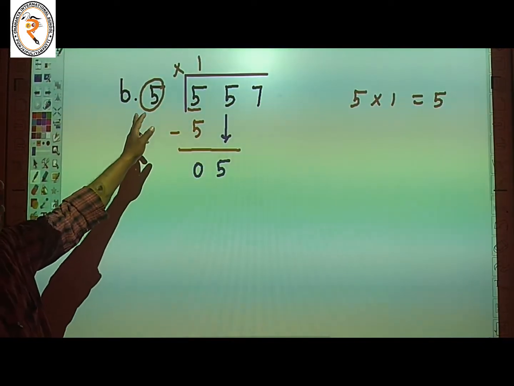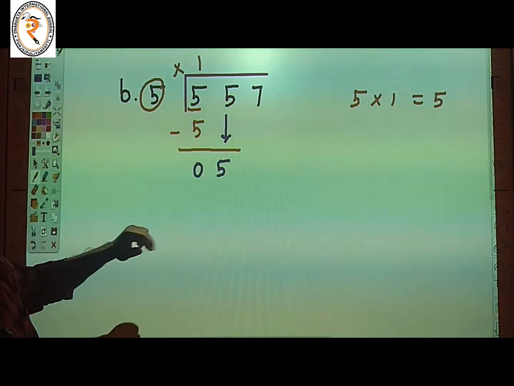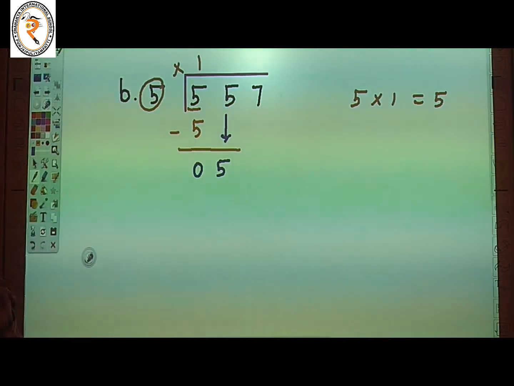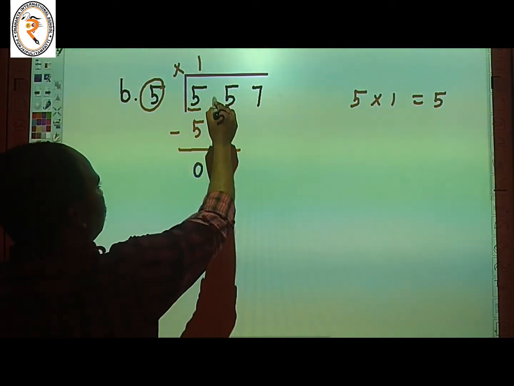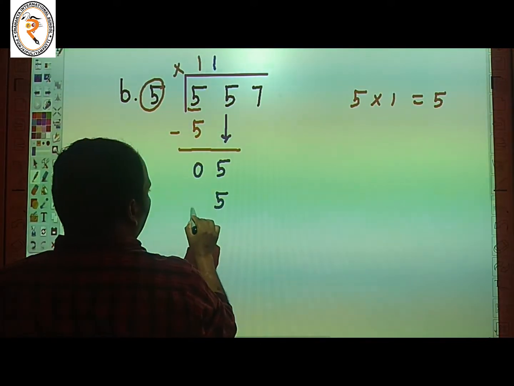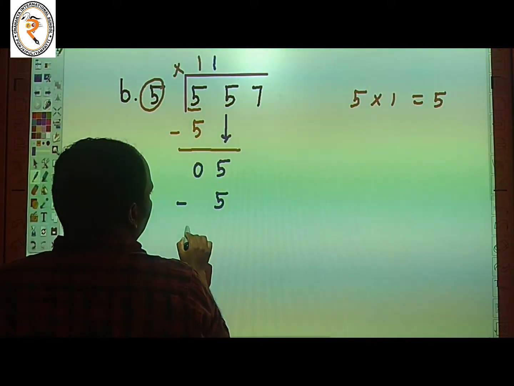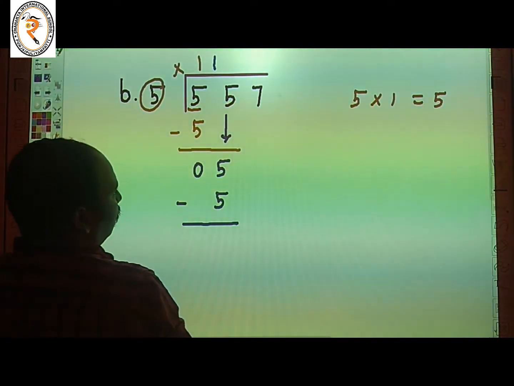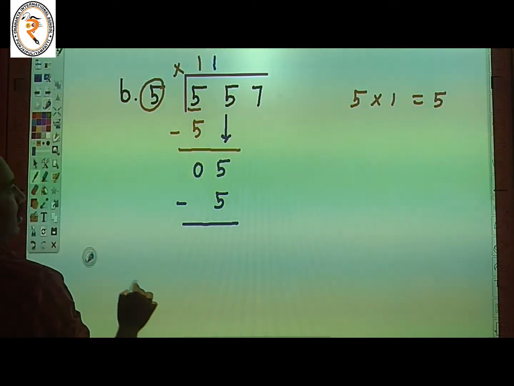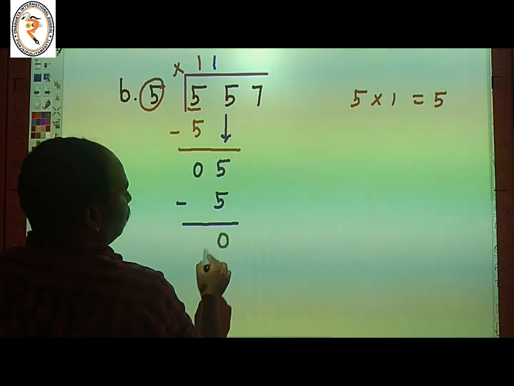The divisor is 5. 5 divided by 5 is equal to 1, or 5 into 1 is equal to 5. Next you want to subtract: 5 minus 5 is equal to 0.